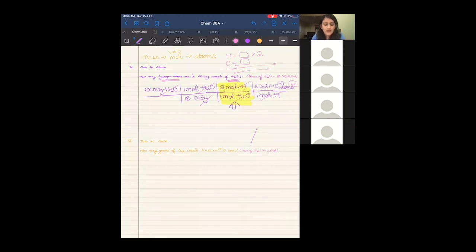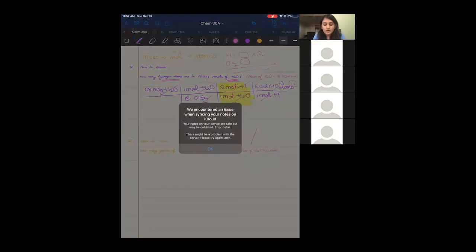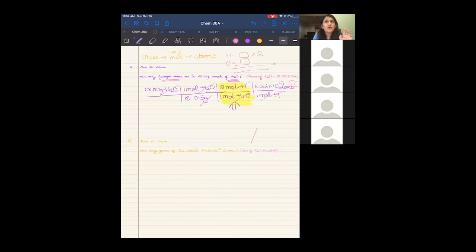This is why I'm putting 2 moles of hydrogen. I'm taking out the oxygen, just referring to 2 moles of hydrogen because I have 2 hydrogens. If this question was asking for oxygen, then I would have put only 1 mole of oxygen. So does this kind of make sense?